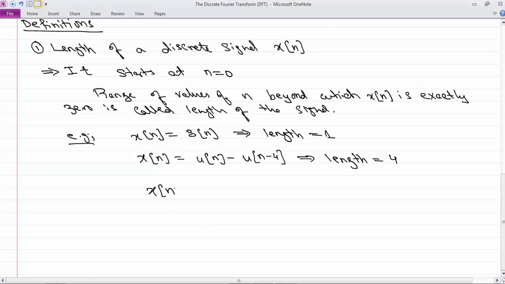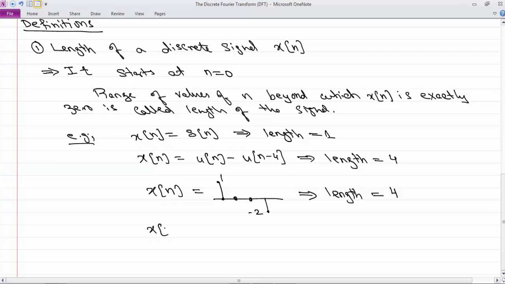If I have x[n] which, let's say, at 0 is 1, then it is 0, and then it is some other value, it is 0 in between, but I still have to store those zeros because I need to know where the zeros occurred within the signal. So even though I have zeros in here, I'll still call the length of this signal 4. It's really about how much space I am devoting to store that signal in a digital system. For the purposes of DFT, that's how I'm going to define the length.